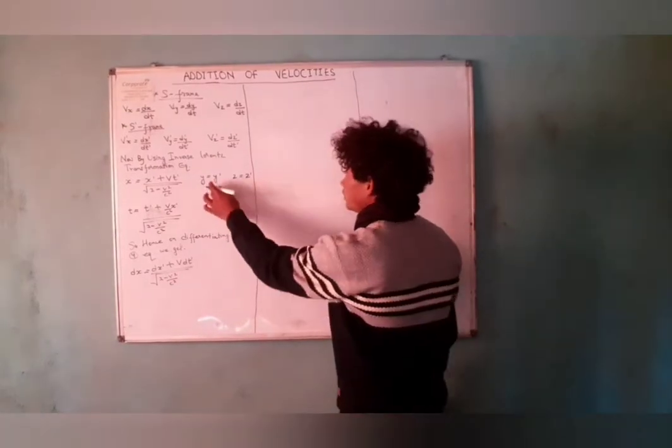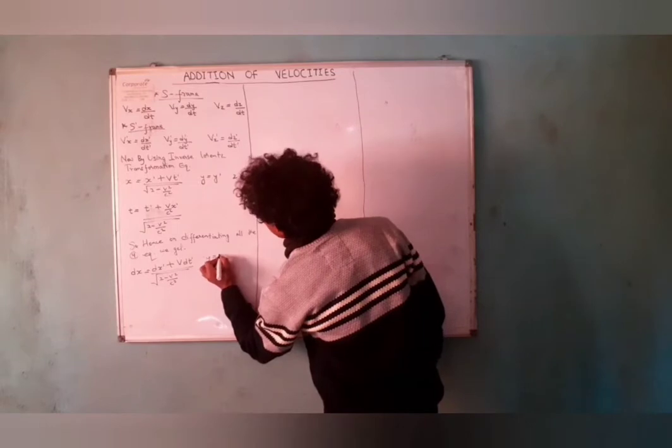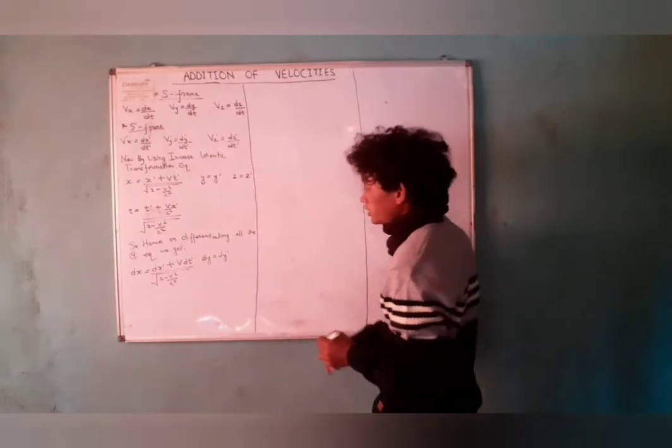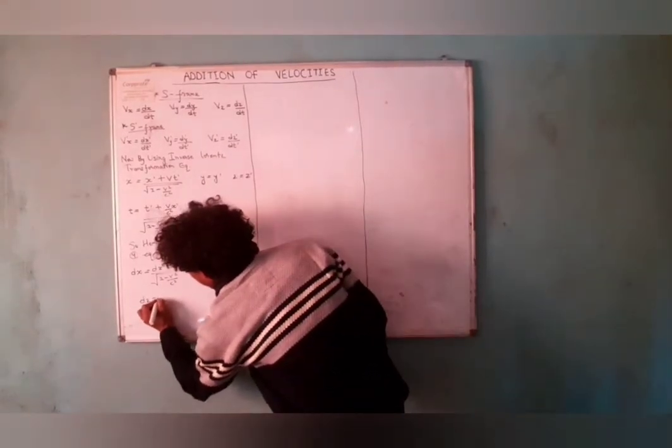On differentiating y, we get dy equals dy prime, and on differentiating z, we get dz equals dz prime.